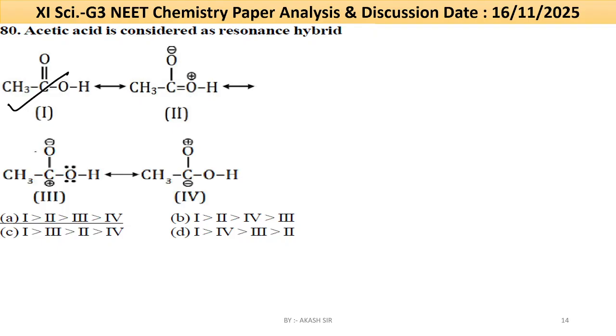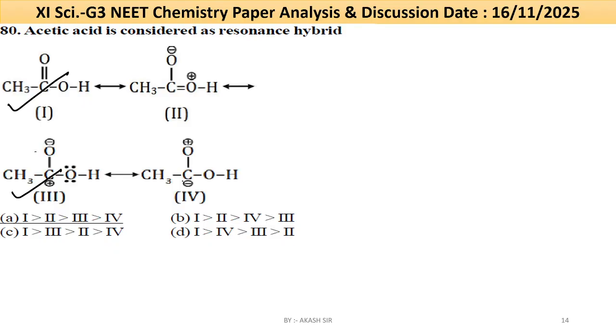The second structure has a positive charge on the oxygen atom and a double bond to the oxygen atom. Structure 3 has a negative charge on the oxygen and a positive charge on the carbon, and is less favorable due to the charge separation and a less electronegative atom having a positive charge. Structure 4 has a charge but it is less stable compared to structures without charges or with charges on more electronegative atoms in a favorable manner.